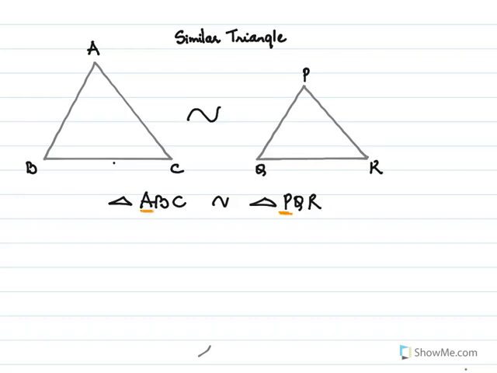Angle A equal to angle P, angle B equal to angle Q, and angle C equal to angle R. All the corresponding angles are equal, and the sides are proportional.